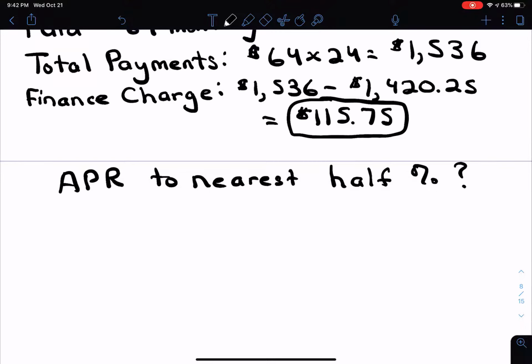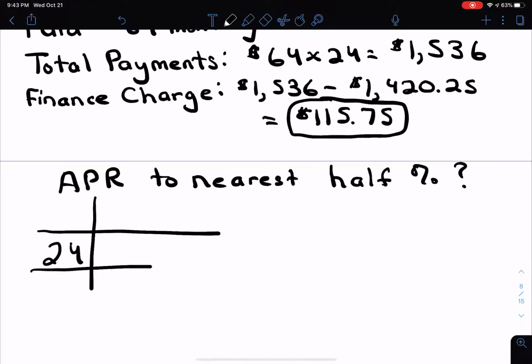Well, normally like with the previous example, we would go to our chart and we would know the number of payments and the APR. Like we're looking at 24 months here. And then we'd be looking at whatever the APR was up here. And then we would be looking up the finance charge per $100 financed.